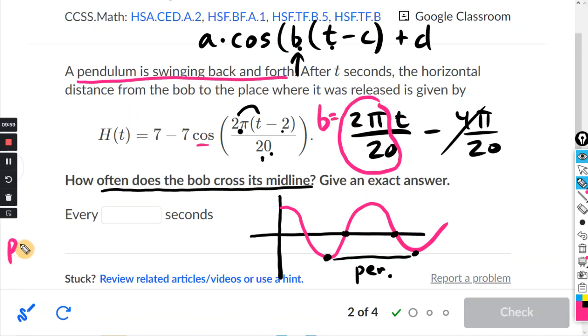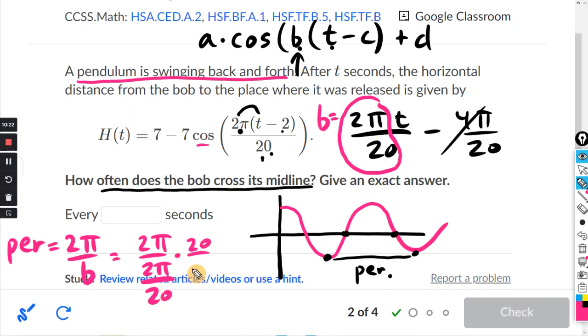Okay, and the formula for period is 2 pi over b. So that's going to be 2 pi, and the value for b is 2 pi over 20. All right, keep, change, flip. So instead of dividing by 2 pi over 20, I'm going to multiply by 20 over 2 pi.